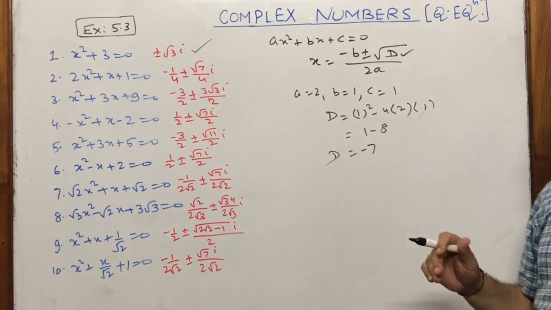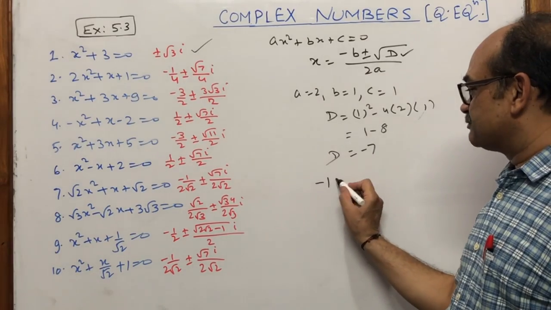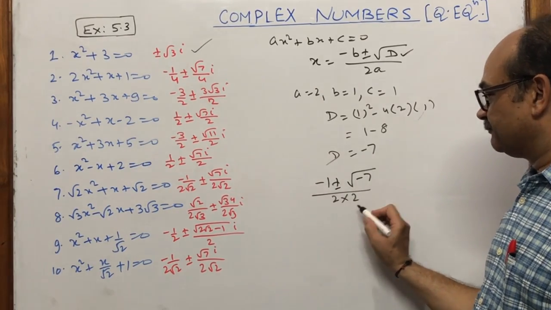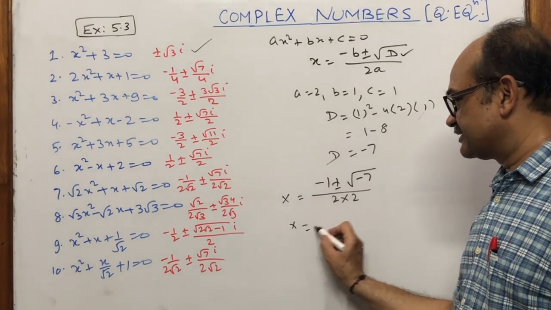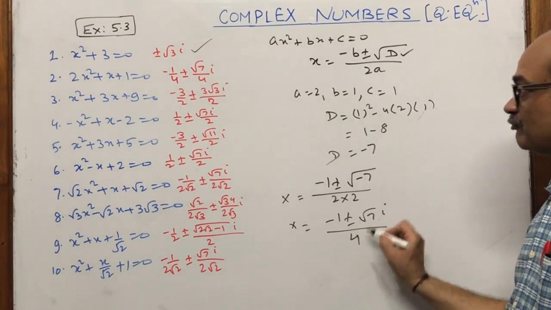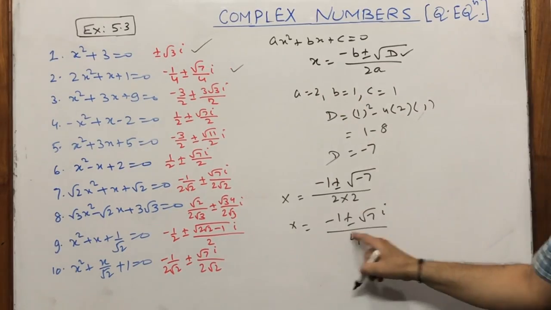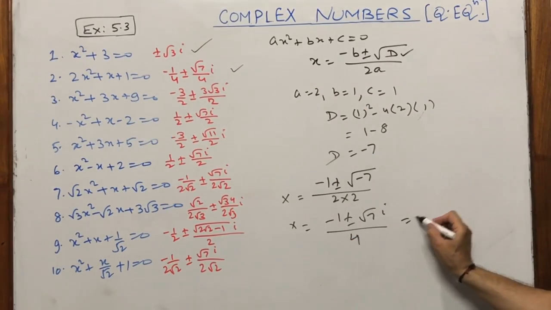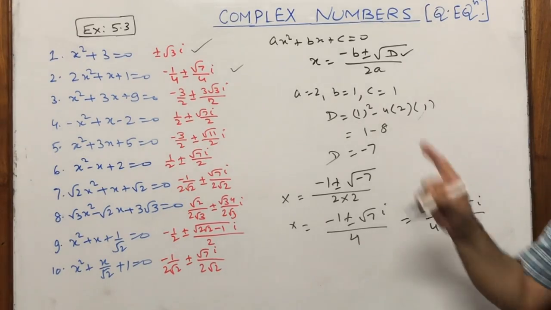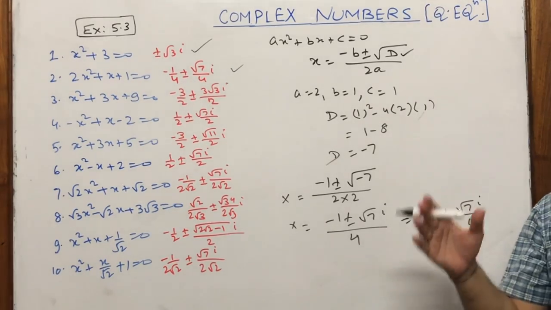Roots are imaginary. And how do we get the answer? Minus b plus minus root D divided by 2a. So x equals minus 1 plus minus root 7 iota divided by 4. Minus 1 by 4, separated in the complex form, is the final answer. Easy.